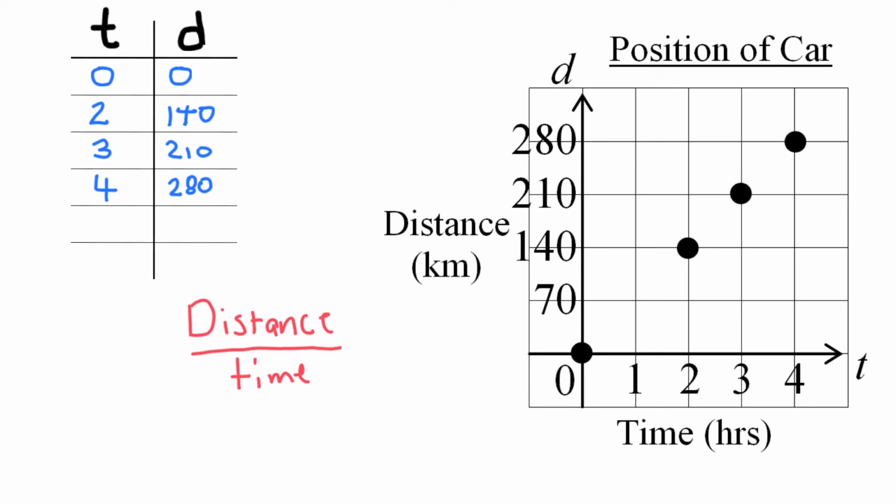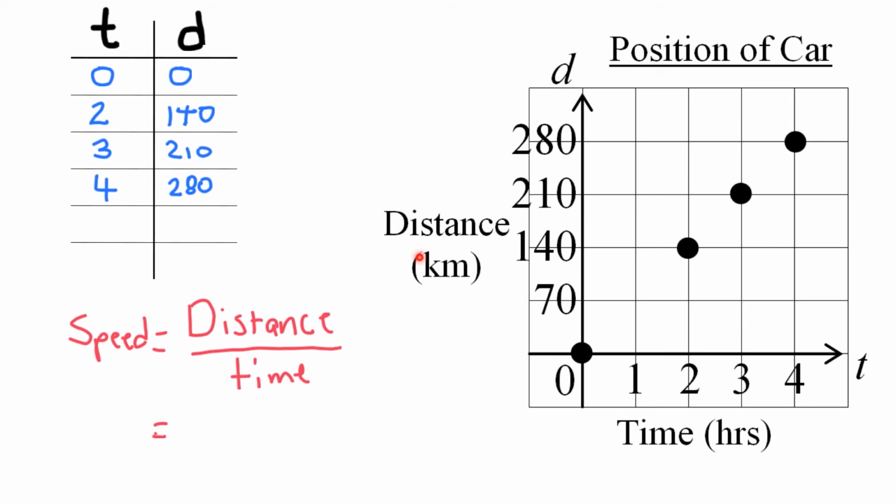Now, what is distance divided by time? Distance divided by time is actually speed. So speed is equal to distance divided by time. And you actually might know this without even realizing it. Instead of thinking distance divided by time, let's look at the units.